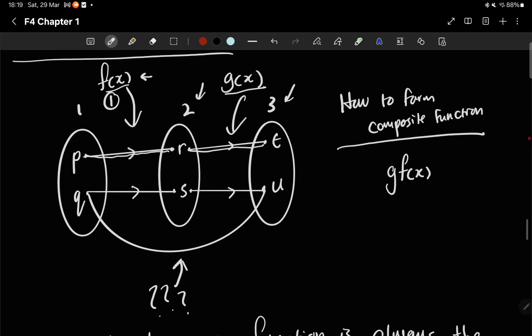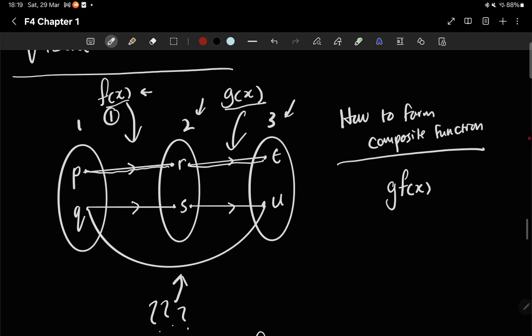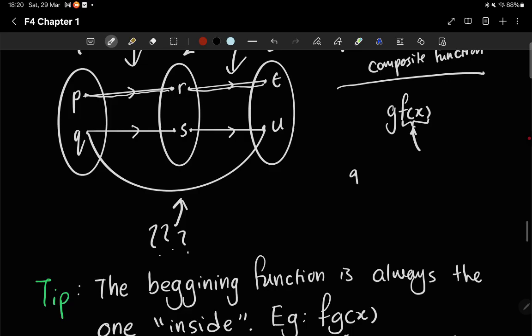Now you might be confused: wait, what did I just do? Well, a way to make this easier is that this f of x over here has simply become the object for the function g of x. What I mean is, it has become like this.